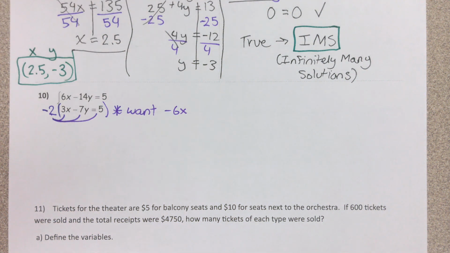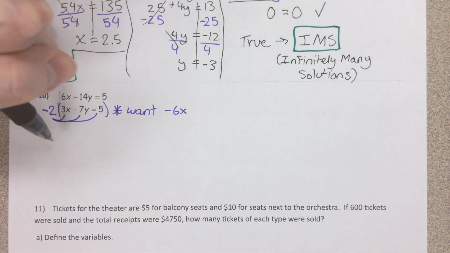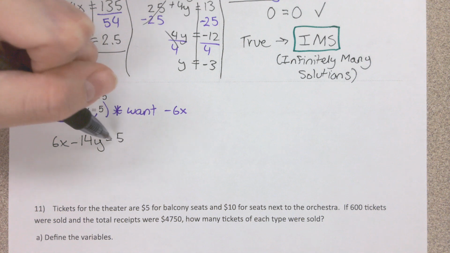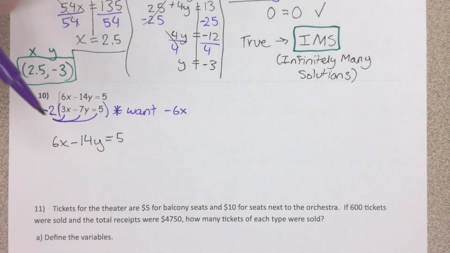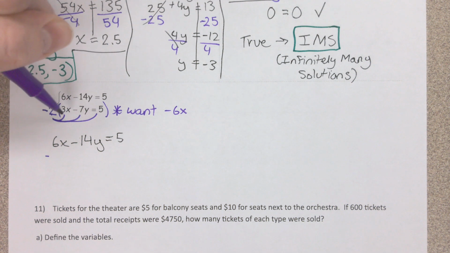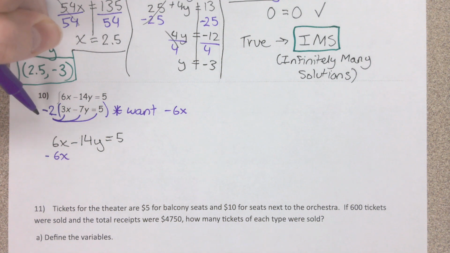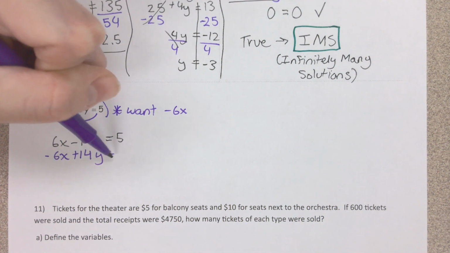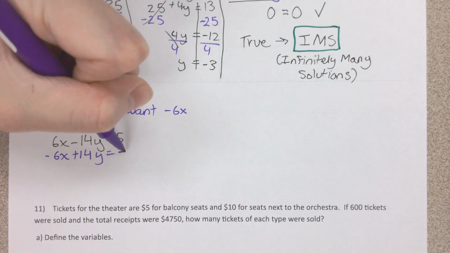And before I do so, I'm going to copy down the top equation again. 6x minus 14y equals 5. Distributing, I have negative 6x. Negative 2 times negative 7y, that's positive 14y, equals negative 2 times 5, that's negative 10.